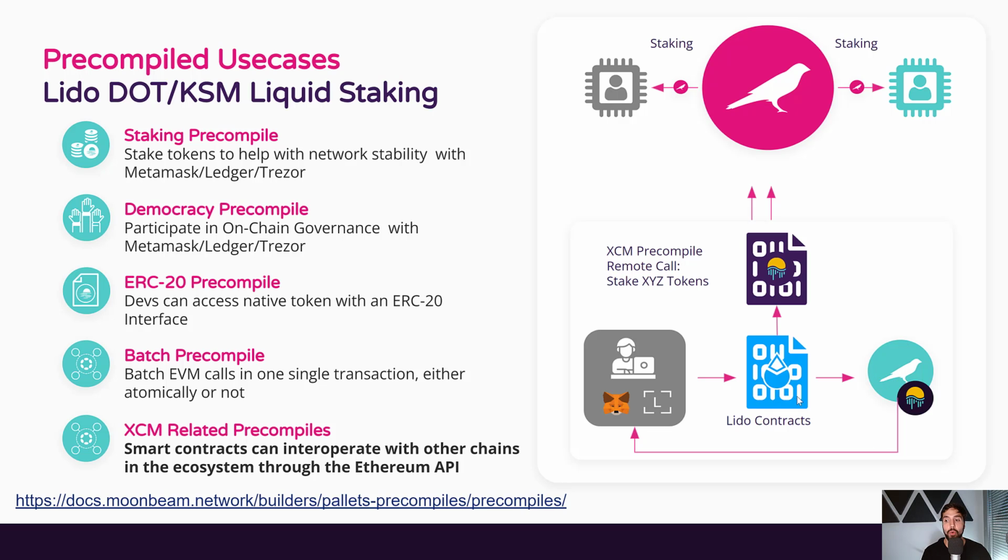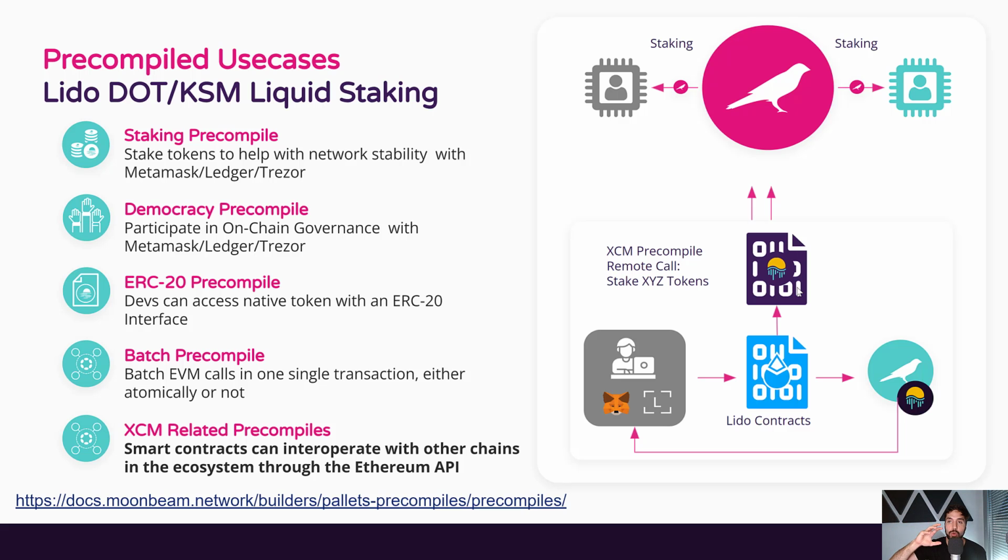And then they also interact with the XCM precompile called the transact precompile. This transact precompile exposes a function from which you can interact with other blockchains in the Polkadot or Kusama ecosystem. In this case, we're interacting with Kusama, and the Lido contracts are basically saying through this contract, hey, Kusama, I want you to stake XYZ tokens to ABC validator, right?